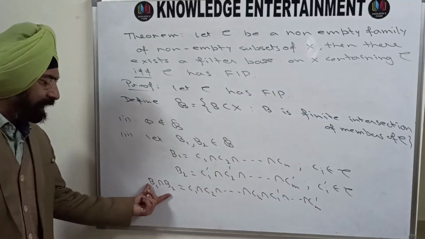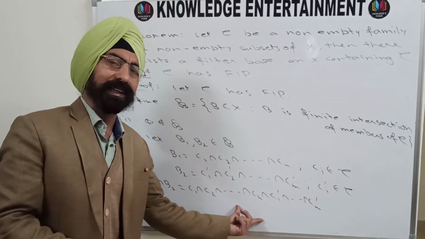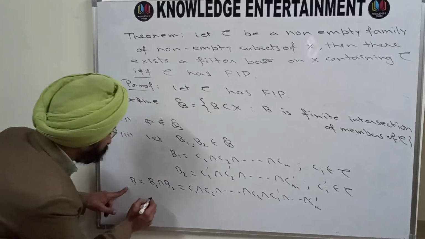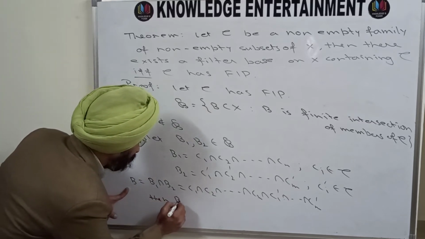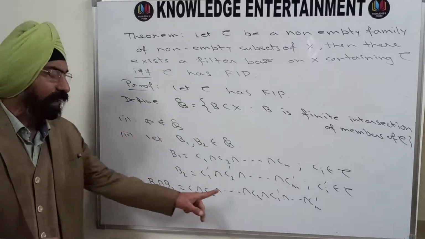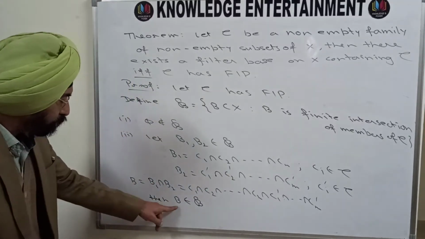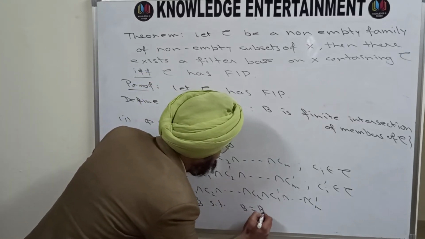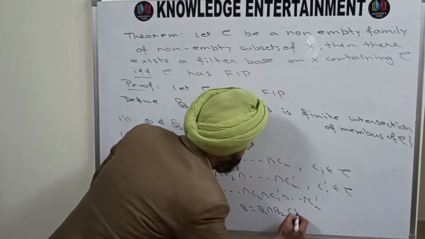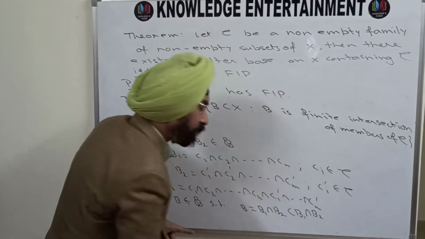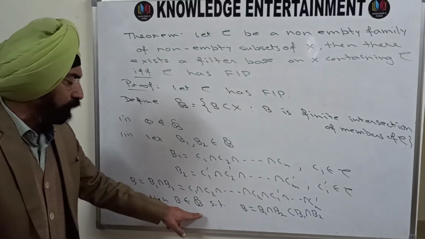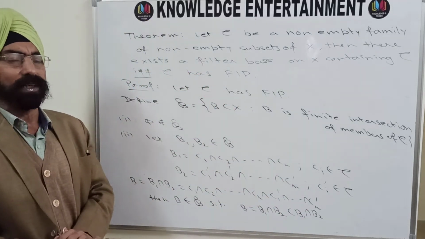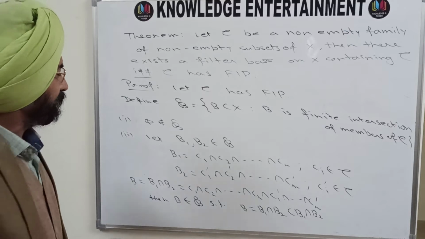That means this intersection is also a finite intersection of members of C. Name it as B. So this B is also a member of B because it is also a finite intersection of members of C. So this B belongs to B such that this B is actually B1 intersection B2, so you can say it is a subset of B1 intersection B2. So there exists a member B in this family which is a subset of B1 intersection B2, which satisfies the second condition for B to be a filter base. So B becomes a filter base in this way.